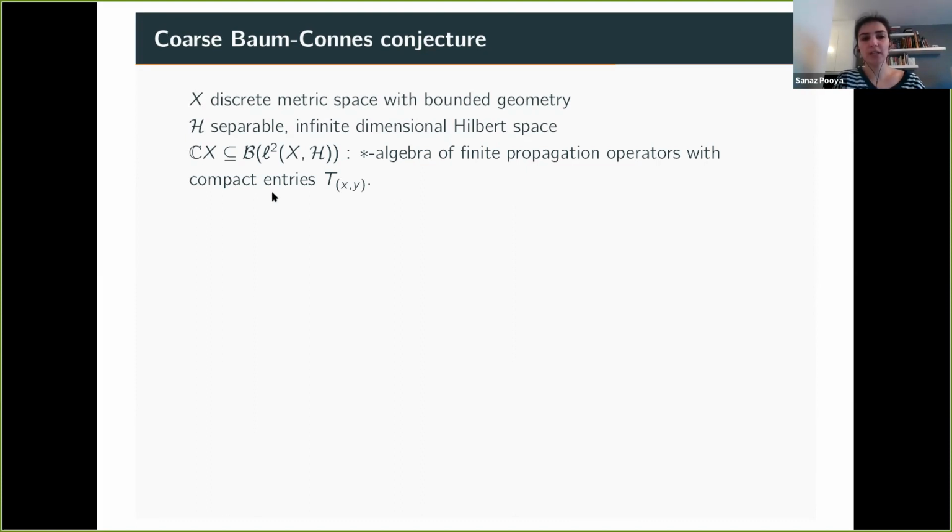With this, I mean that one can always view elements inside these bounded operators on this Hilbert space as matrices, let's say T, and then the entries would be T_{x,y}, and finite propagation means basically there is a band around the diagonal of this matrix where the entries, these operators, can be non-zero, but anything outside this would be zero.